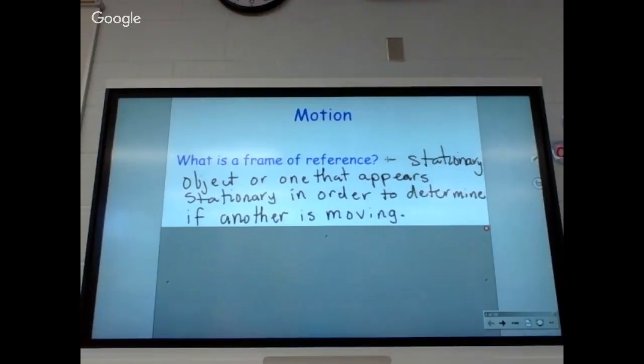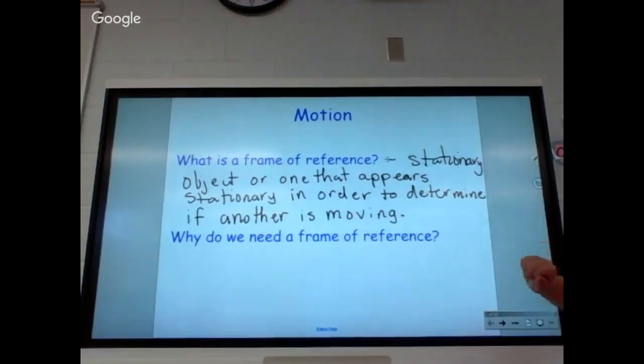Now, why do we need a frame of reference? Why am I talking about it? Aside from the fact y'all want high school credits and to get out of here.